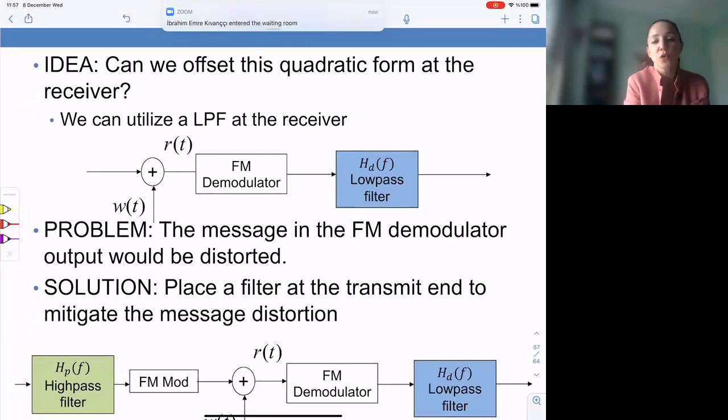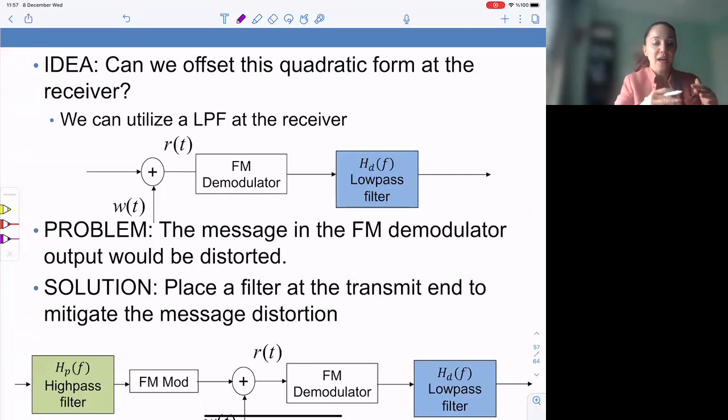Definitely, if you could get a certain low pass filter characteristic that counters this effect, so that it's high at zero frequency and tapers down at the edges. But of course, that would distort the received signal.